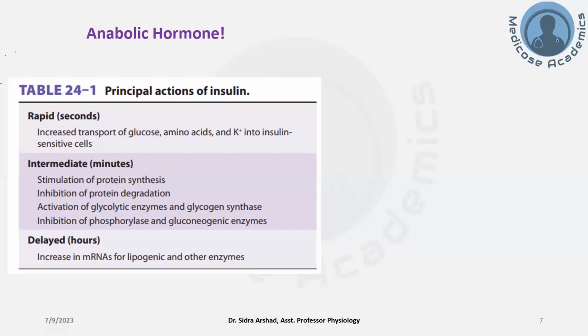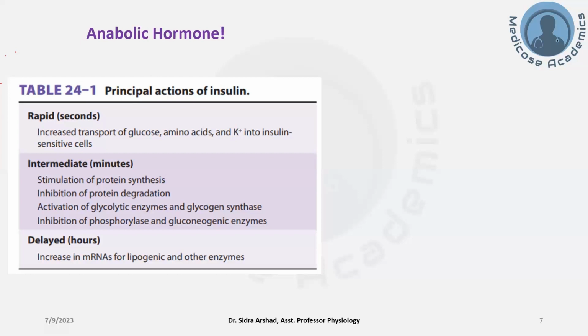Intermediate actions include stimulation of protein synthesis and inhibition of protein degradation. So these are anabolic effects. That protein is synthesized, however, its degradation is being prevented by insulin. It also activates glycolytic enzymes and glycogen synthase so that glycogen is synthesized and the excess glucose is stored as glycogen in both the skeletal muscle cells, which are resting, and the hepatocytes.